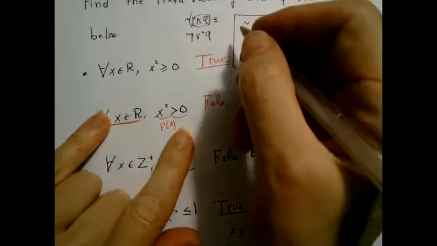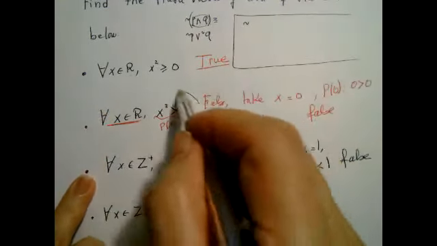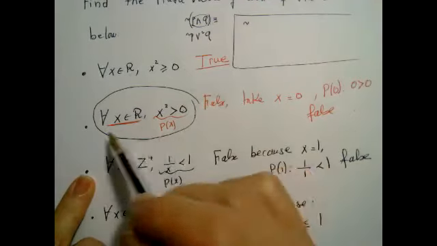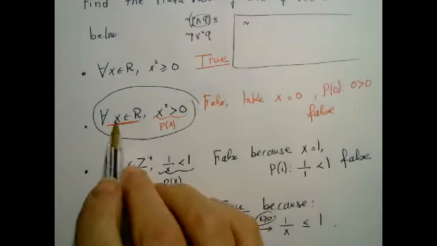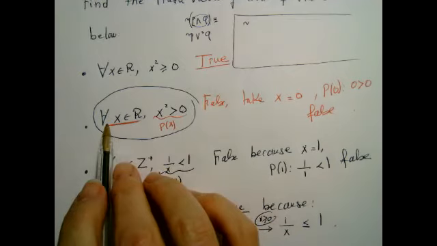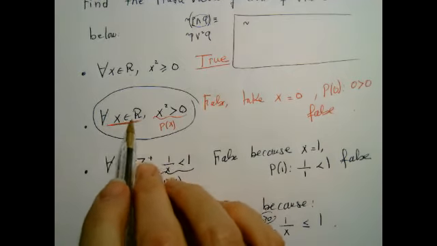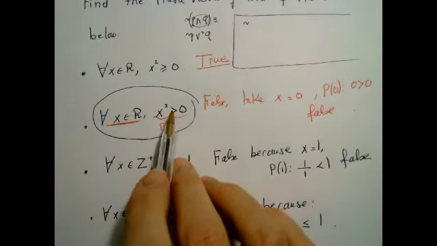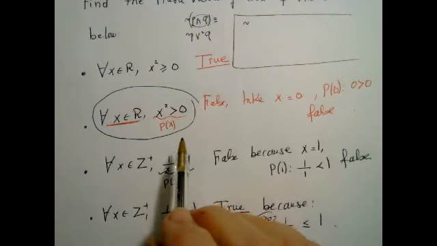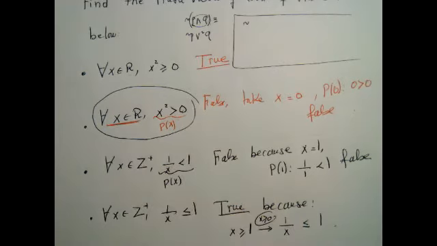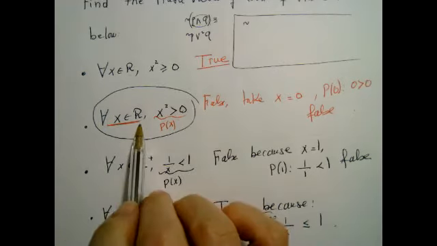So now, if I want to negate a statement like this one, how can this be false? What caused a statement like "for every x in R, x squared is positive" to be false? I want to analyze this. What caused this to be false?